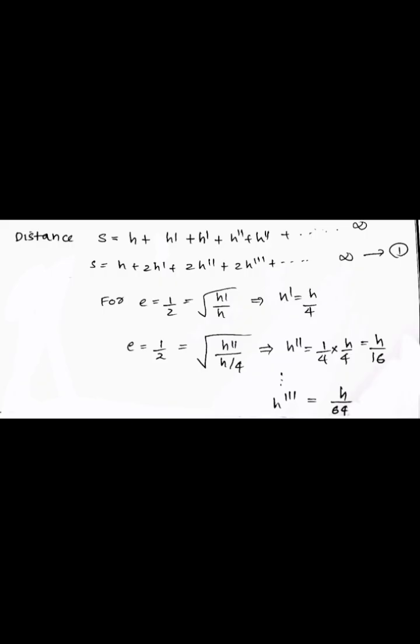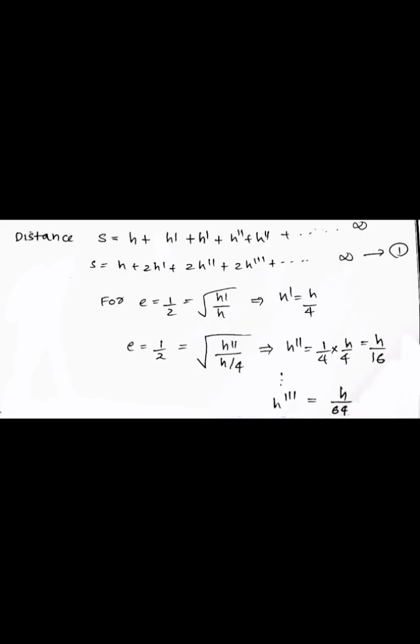So here the distance s is equal to h plus h dash plus h dash plus h double dash plus h double dash plus etc. plus infinity. Here h dash is written 2 times and h double dash is also written 2 times, because in the first bounce it covers a distance h, and in the second bounce it moves upwards covering a distance h dash, and it moves downwards by covering the same distance h dash.